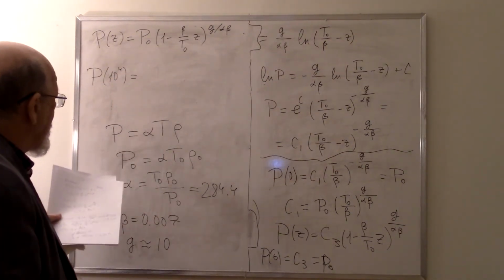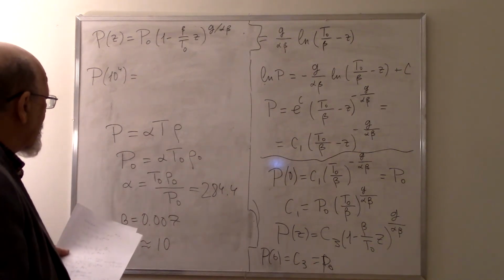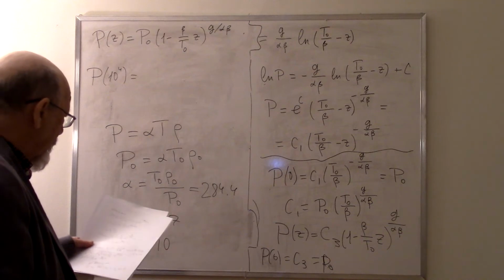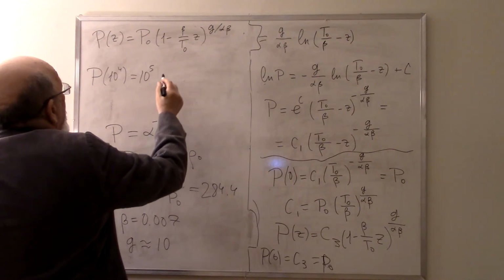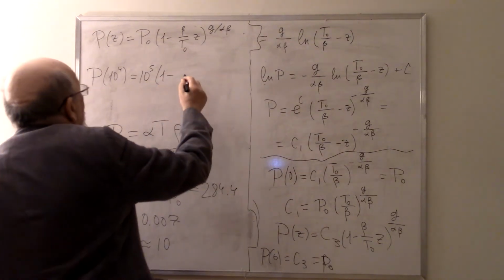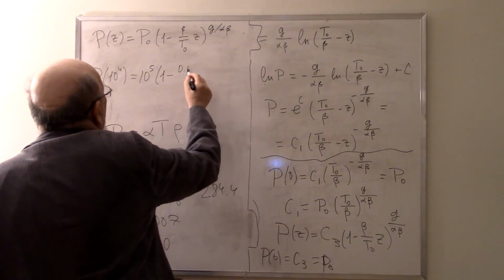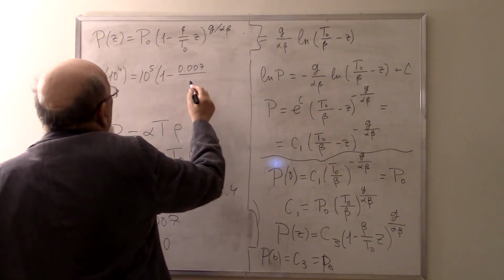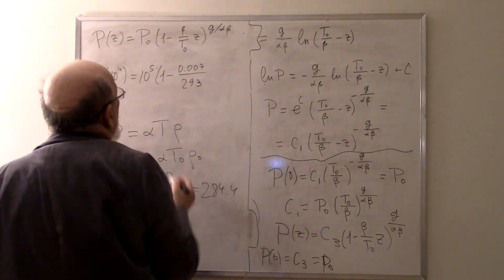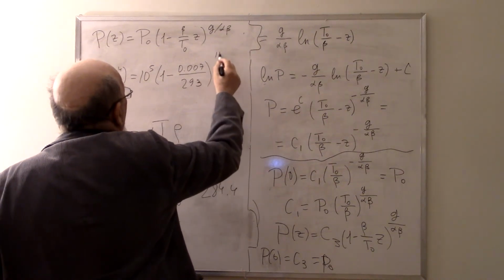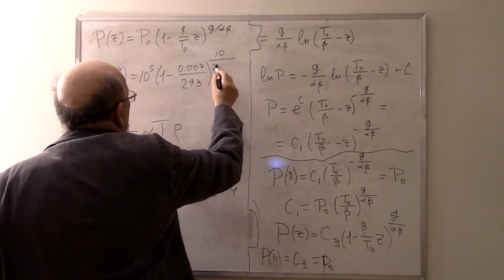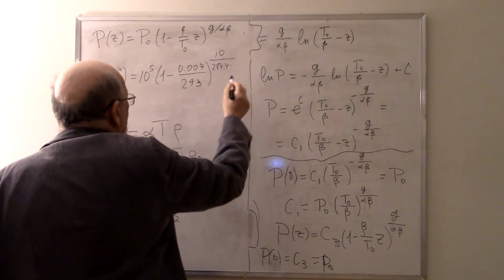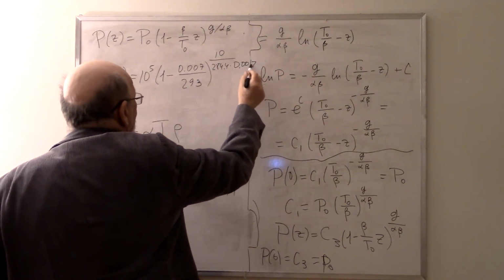P0 is 10 to the 5, yeah? 10 to the 5 times (1 minus 0.007 divided by T0 of 293) to the power 10 divided by alpha 284 times 0.007.